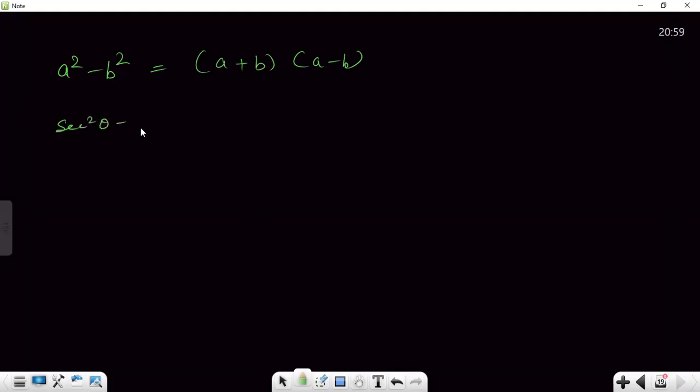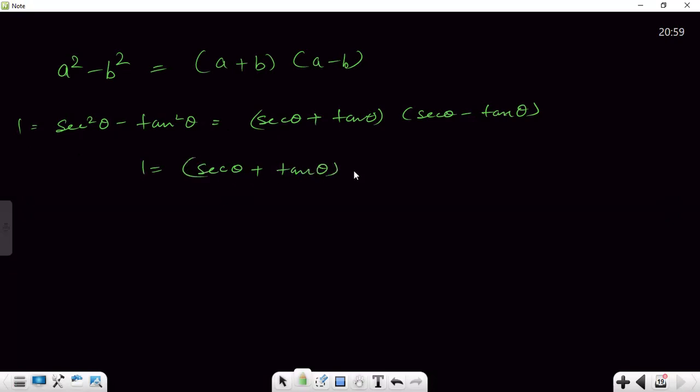Similarly, for these identities also, we can say the same thing: sec square theta minus tan square theta is sec theta plus tan theta into sec theta minus tan theta. And it was given as equal to 1, right? So 1 is equal to sec theta plus tan theta into sec theta minus tan theta.